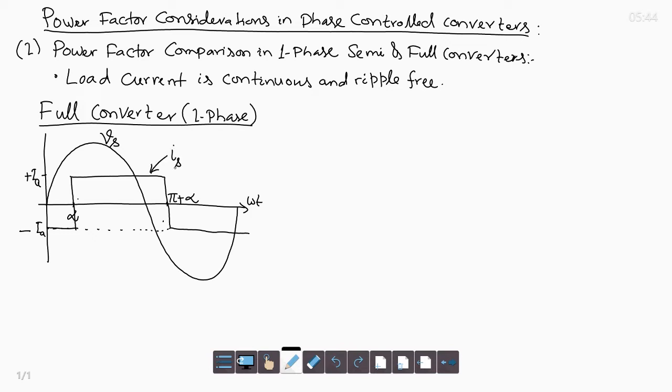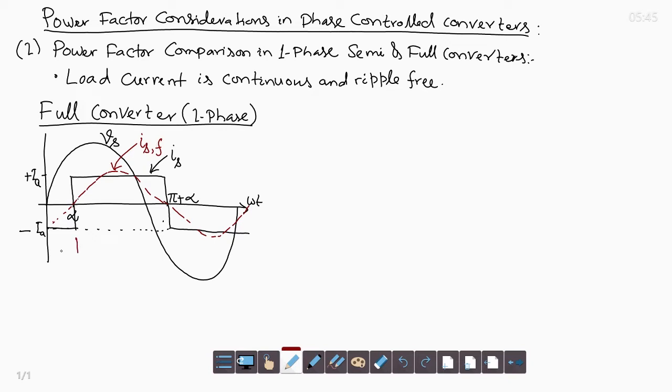So let us reconstruct the fundamental component in the source current waveform. Because the waveform has half wave symmetry, this is the source current with the fundamental component of the source current. The zero crossings will be the same as the source current waveform.